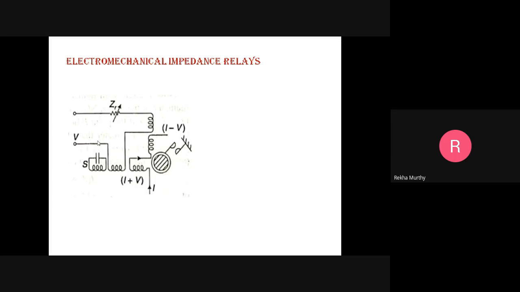Therefore, we have I plus V divided by ZR, and I minus V divided by ZR. So these are the two quantities which you have to compare. So I plus V by ZR is the polarizing quantity, and I minus V by ZR is the operating quantity.